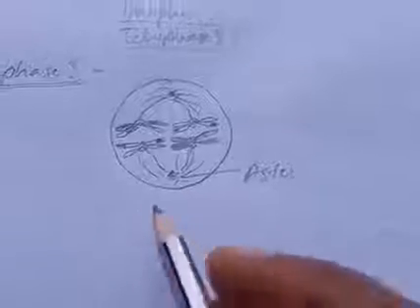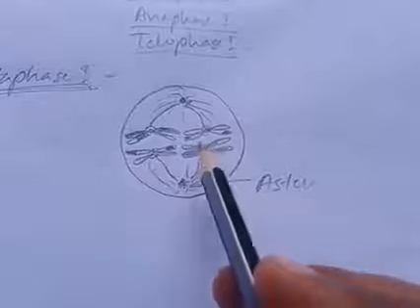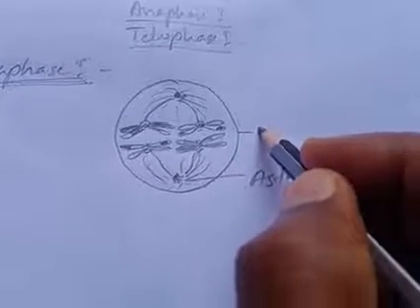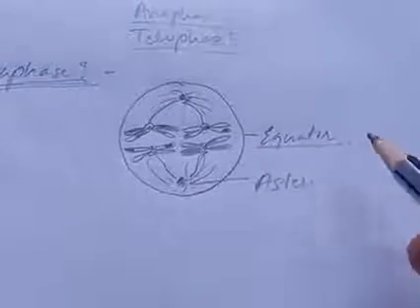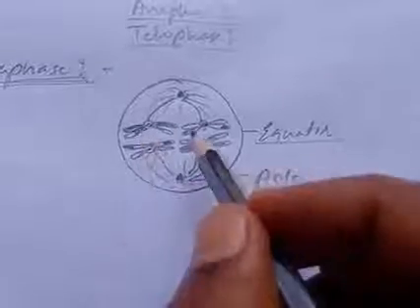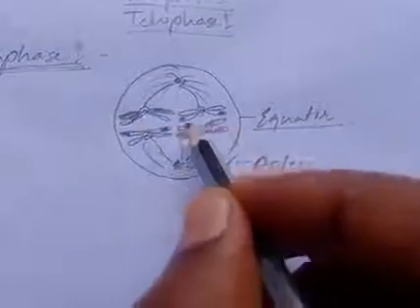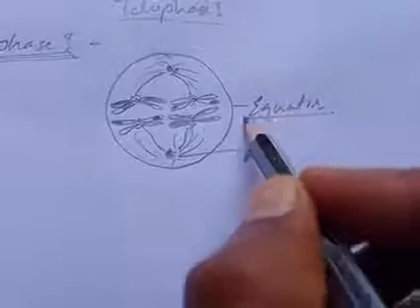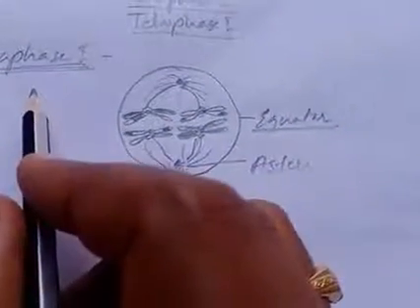This phase represents the metaphase, because we may observe that this is the equator region. At this equator region, these homologous chromosomes come and are aligned at the center of the cell, which is called the equator plate, right? So this is the metaphase.